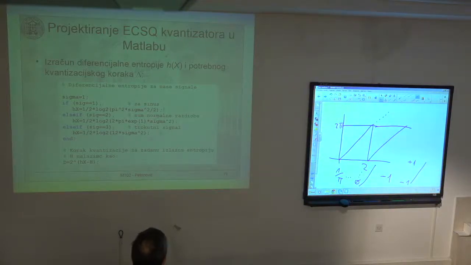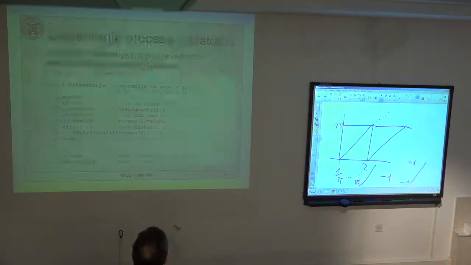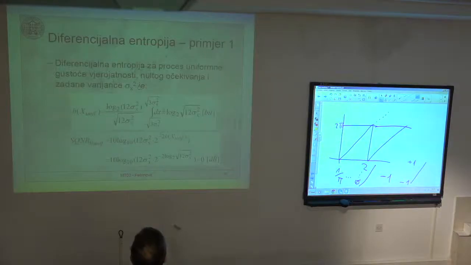Finally, for the sawtooth wave signal, I have the expression that we have derived. It is the same as for the uniform distribution. So the differential entropy for the uniform distribution must be of this form, logarithm base 2 of the square root of 12 times variance.